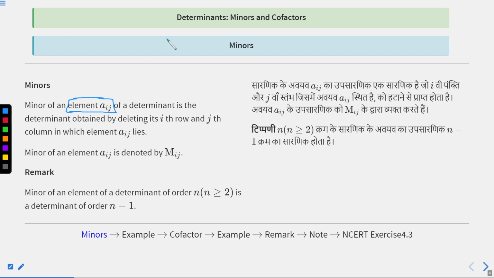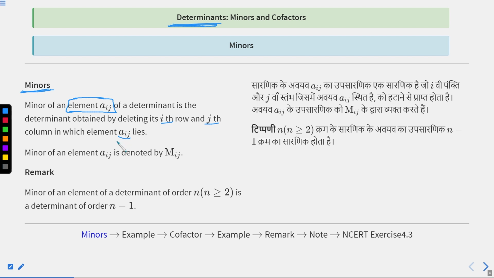For example, a determinant is evaluated for a matrix, not an element. Yes, in the same way minors will be evaluated for an element. So the minor of an element Aij of a determinant is the determinant obtained by deleting its ith row and jth column in which Aij lies.